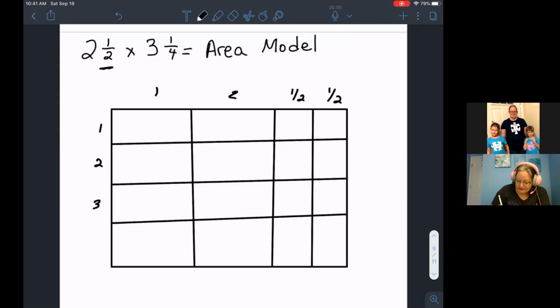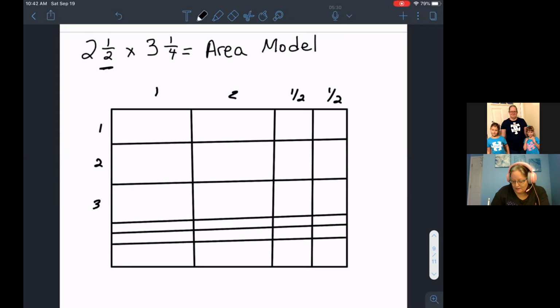The last one we need to divide by 4 because we need to divide it in fourths to represent that last fraction. And split that in half, that in half, and this in half. So this side is 1/4, 1/4, sorry, I'm losing my voice, and 1/4.